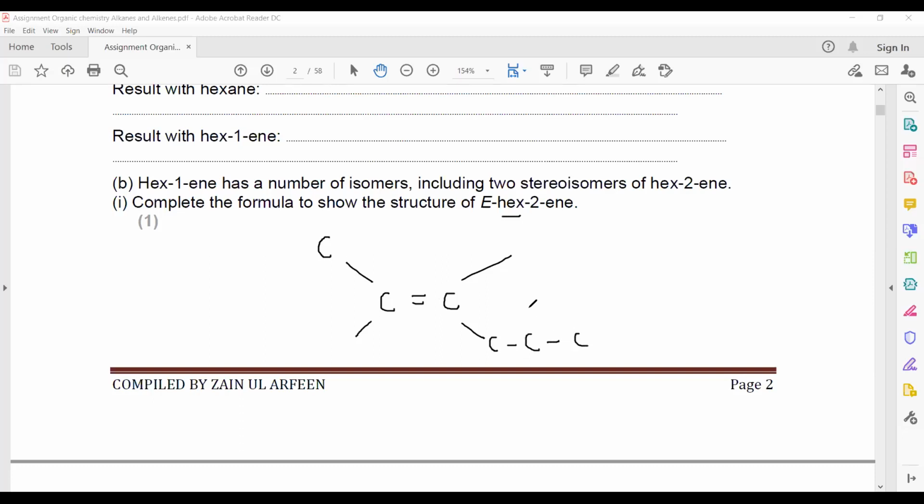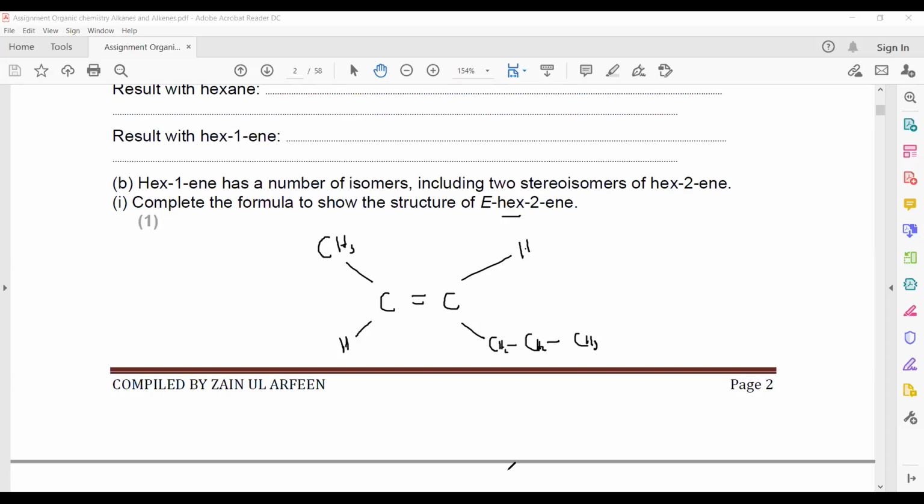I can write them all together as well. If you find it difficult, you can write CH3, CH2, CH2, CH3. Instead of writing CH2, CH2, and CH3, I can write C3H7. Or you can write in this manner. So this has become E-hex-2-ene. Is it clear?